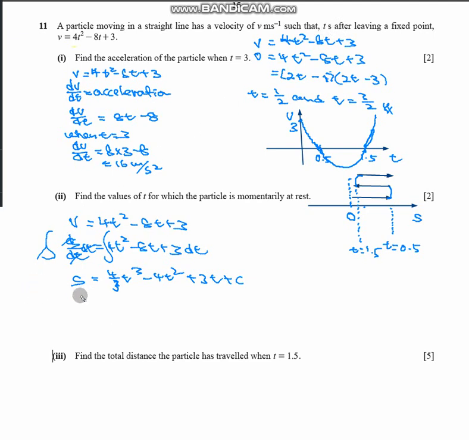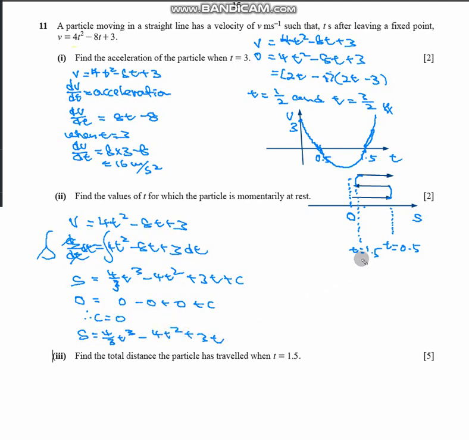So we can say that s is equal to 0 when t is 0. So if all this is 0, 0 plus 0 plus c, therefore c is equal to 0. So you have s equal to 4/3 t cubed minus 4t squared plus 3t.